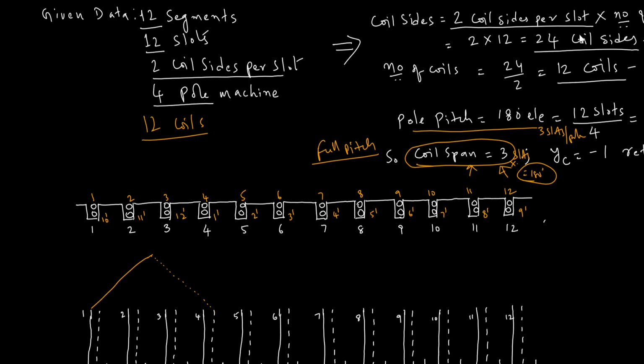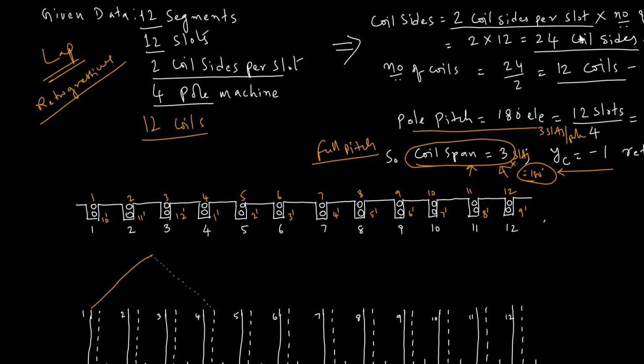This is the coil span we found, and Yc is equal to -1, I am taking. Commutator pitch in lap winding, we are talking about lap winding, and this is the retrogressive winding we are discussing today. So commutator pitch is either plus or -1.